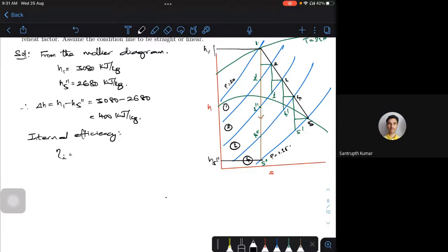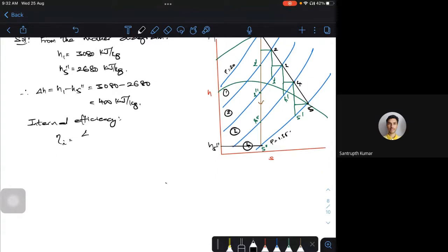First definition: delta H I by delta H isentropic. That is your actual expansion to isentropic expansion.